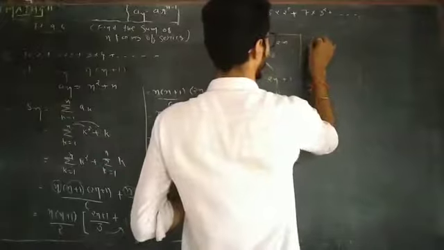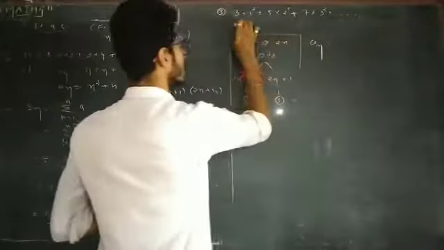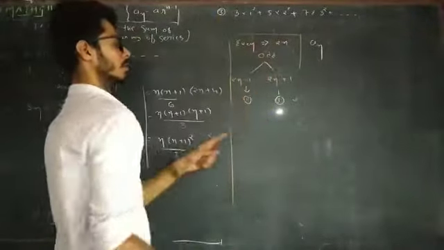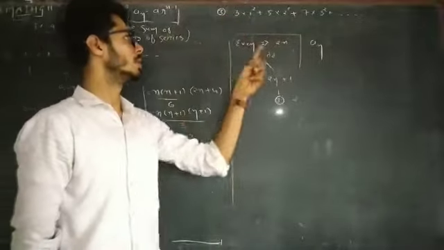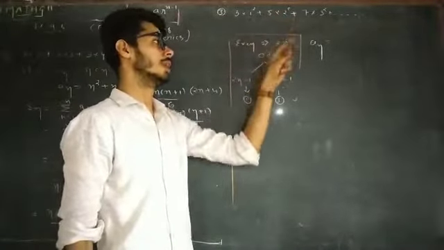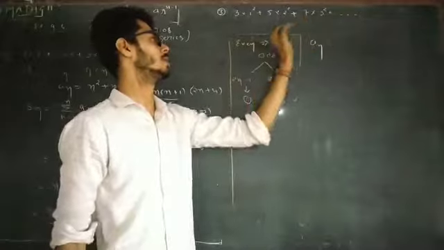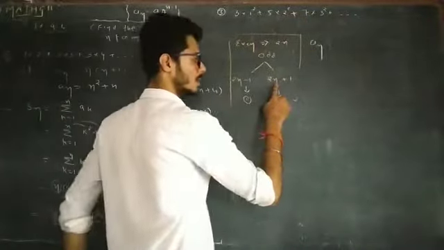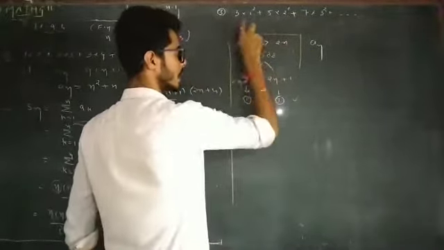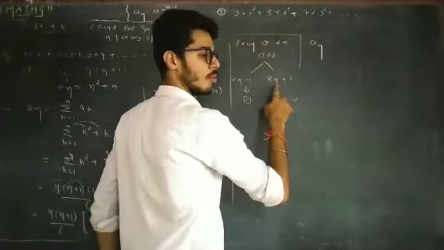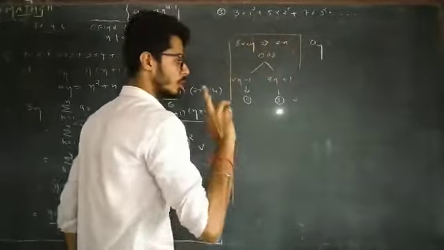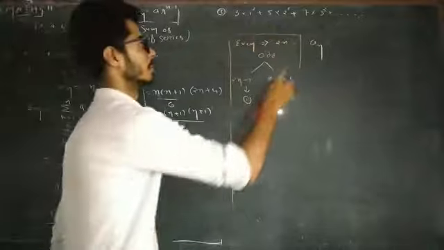So our n term is 3, 5, 7. If you put 1, then we want 3. If you put 2, then we want 5. If you put 3, we want 7. See over here, 2 ones are 2 plus 1 is 3. 2 twos are 4 plus 1, it is 5. 2 threes are 6 plus 1, it means 7.